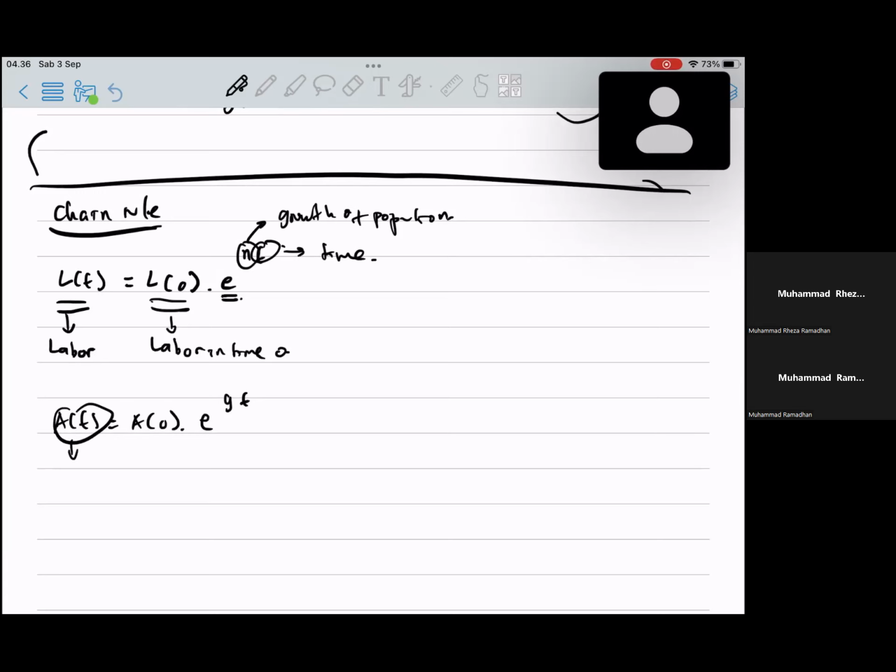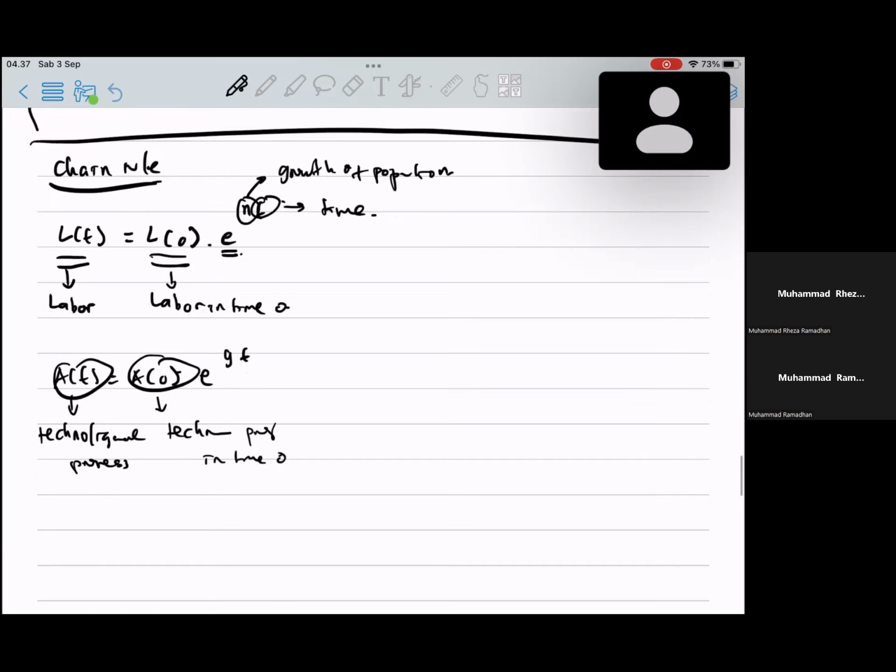A_t is technological progress. Technological progress is a function of A_0, which is technology at time 0, and e to the power of gt.